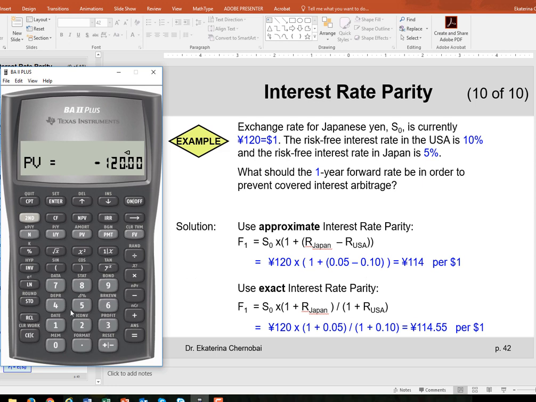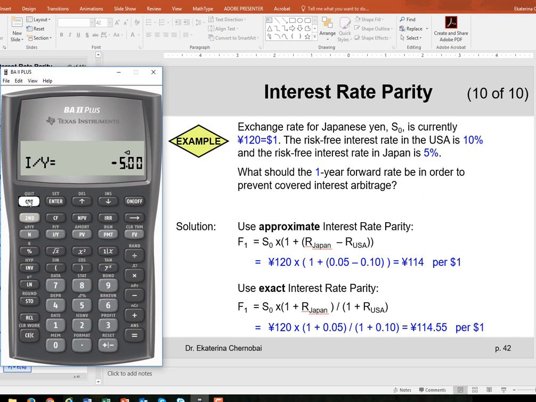What's the equivalent of the interest rate in this exchange rate problem? It's the difference between the foreign and the domestic interest rates. 5% minus 10%. What is that? That's negative 5%. So I put 5, plus/minus, I/Y.